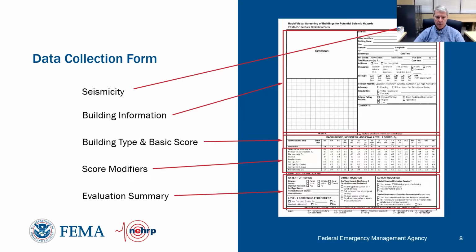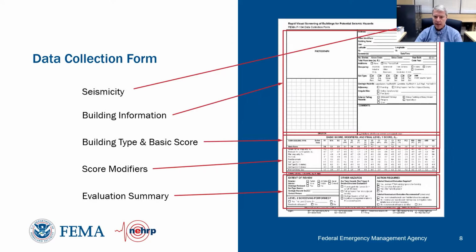In the middle of our review summary section is a box called Other Hazards. Now, other hazards are associated with elements of the building, but they're not scored. They're important, so that's why we capture them. This is an area where we can capture those elements, but we're actually not scoring them.